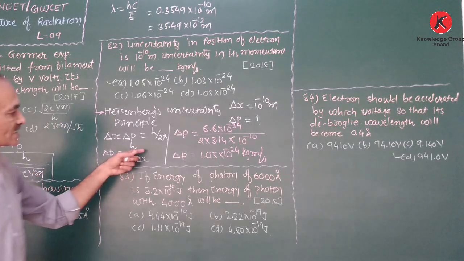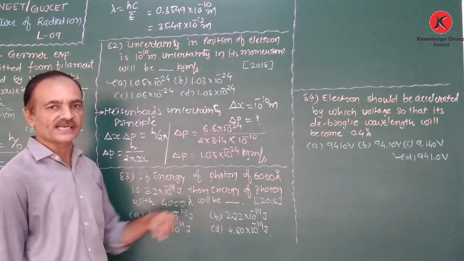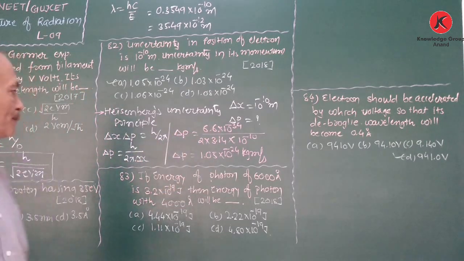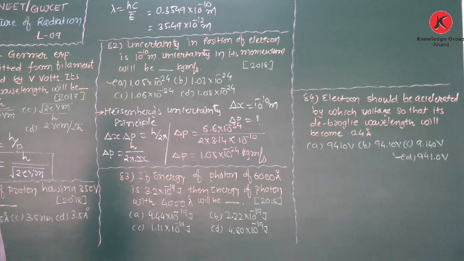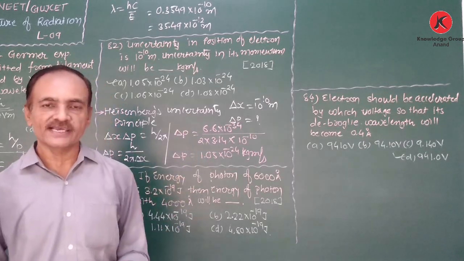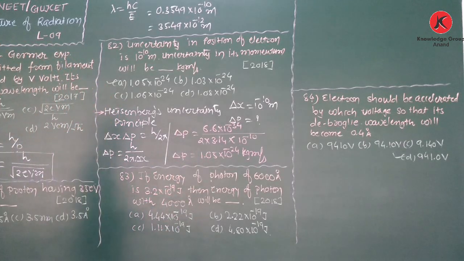Substitute the value h 6.6 into 10 is to minus 34 upon 2 by 3.14 and delta x is given 10 is to minus 10. As we simplify, we get the answer 1.05 into 10 is to minus 24 kg meter per second.